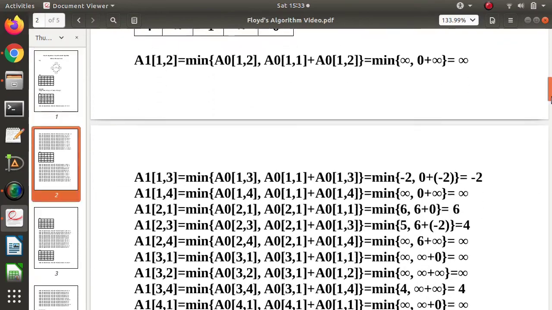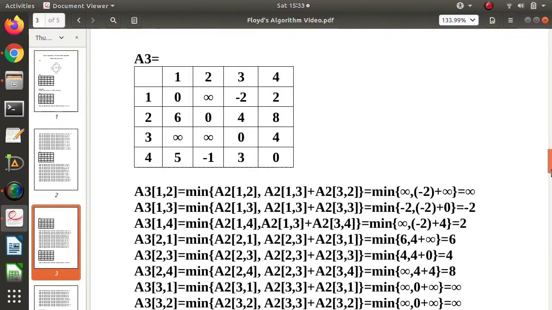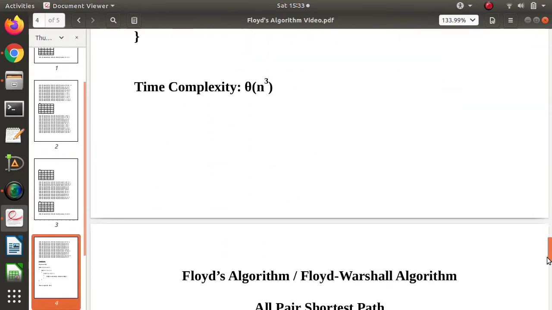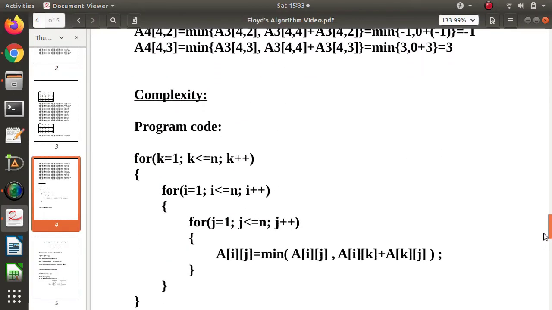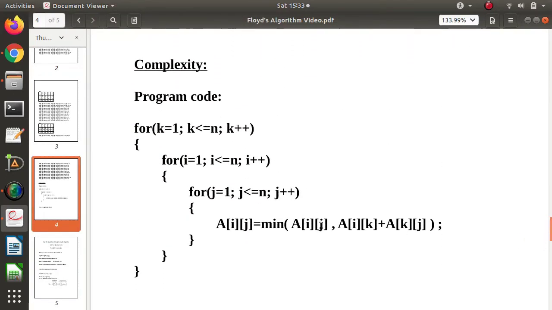Now see, if we talk about the complexity, look at this. To find every matrix, we have to consider every node as a source node. Then again, we have to consider every node as a destination node.